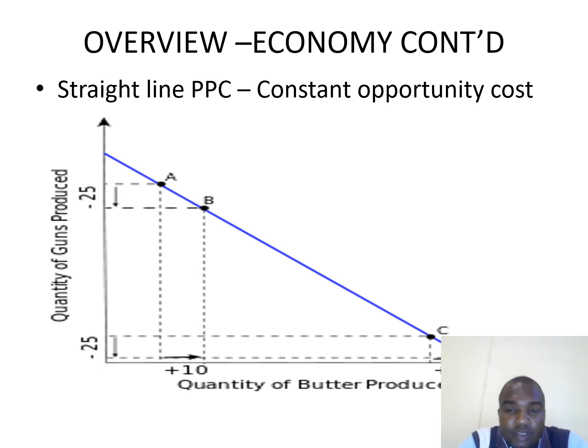Similarly, the opportunity cost between points C and D towards the end of the straight line PPC is minus 25 divided by plus 10, which gives us again minus 2.5. Clearly, we see that opportunity cost is constant. But we know that under normal circumstances, opportunity cost is not constant. It is always changing, to show either increasing opportunity cost, increased scarcity or reduced scarcity.